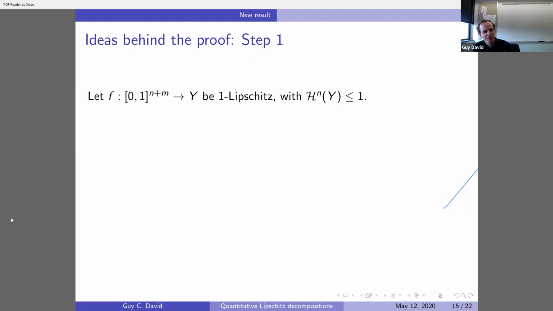I'll mention both of them, but I'll talk more about one of them. So step one is to reduce this problem. We're looking to find Hard-Sard sets, pieces where our mapping looks like a projection. Step one is to reduce this to a different problem.